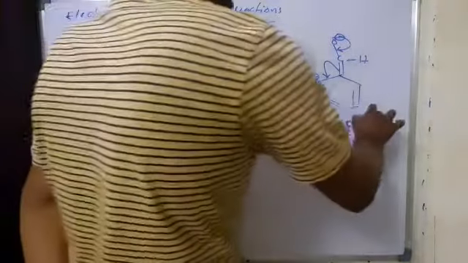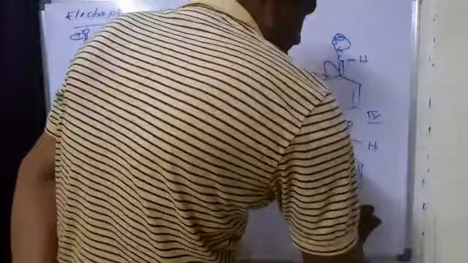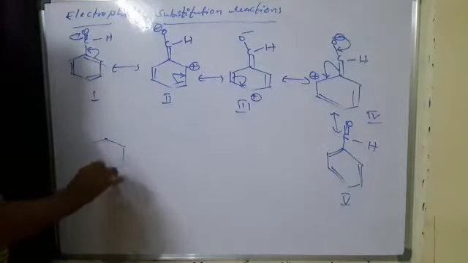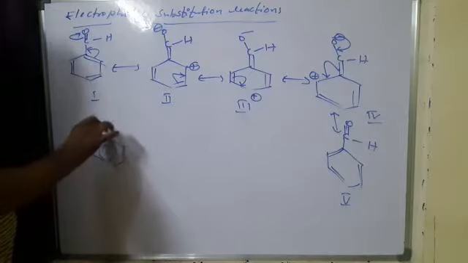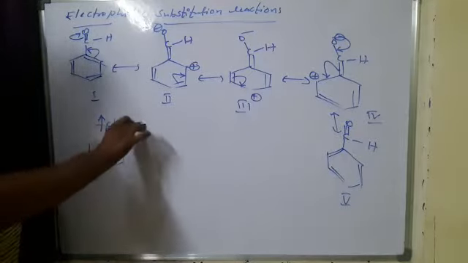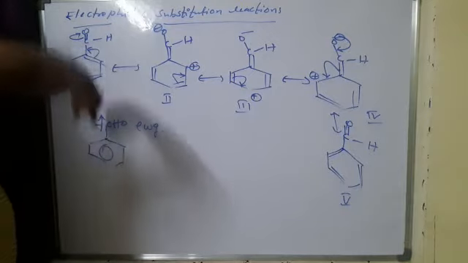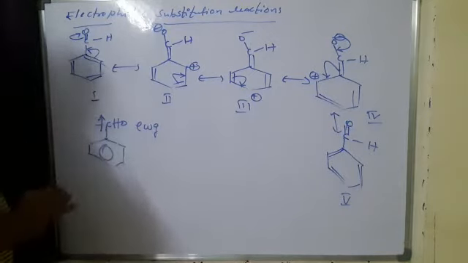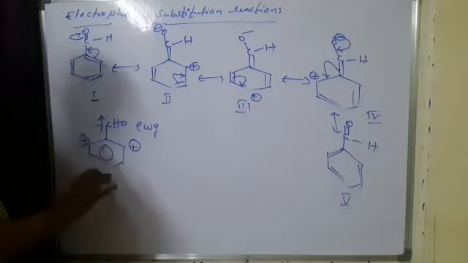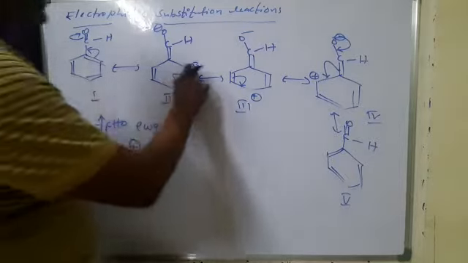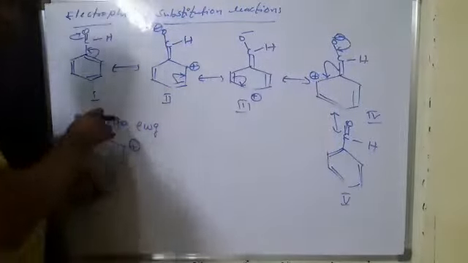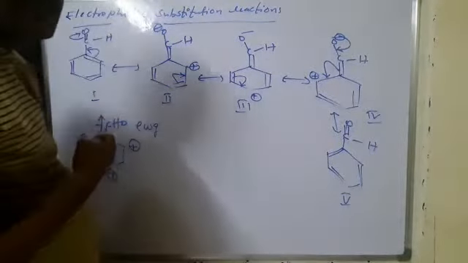In all resonance structures you see the positive charge, so this CHO group is an electron withdrawing group, which pulls electrons from the benzene ring exclusively at ortho and para positions. Ortho position, para position, ortho position. So at the ortho and para positions, this group completely withdraws electrons.